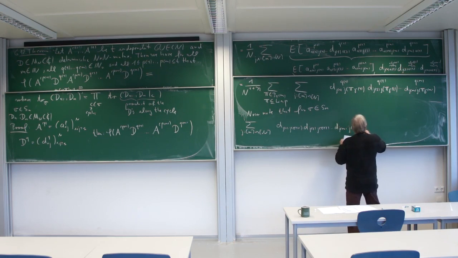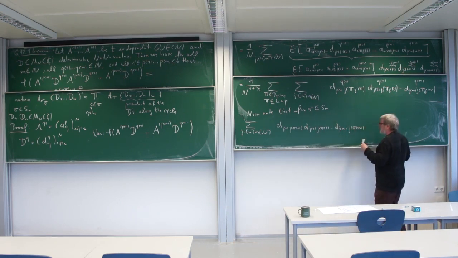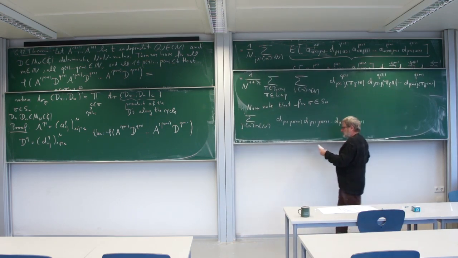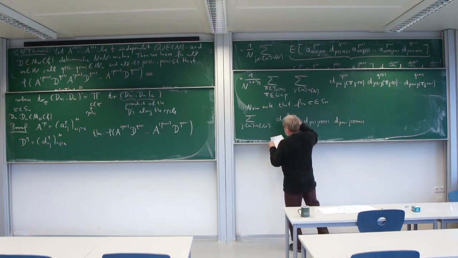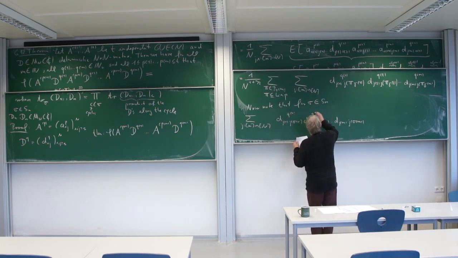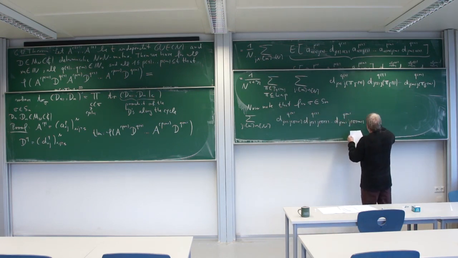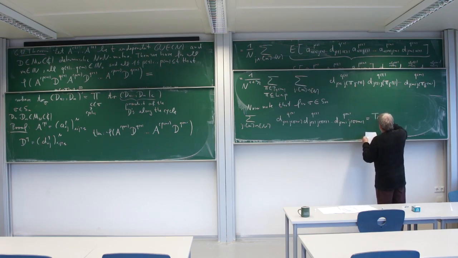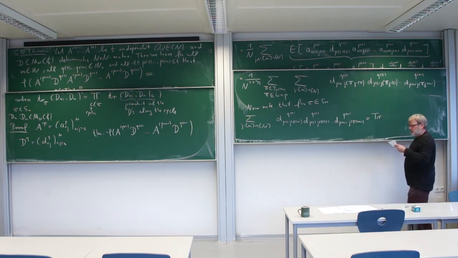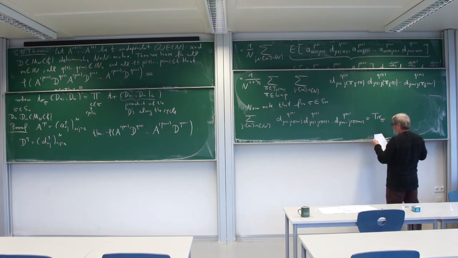So I'm writing down the same as here, just calling pi gamma sigma. And I also have, let's say, Q1, Q2, some other indices here. That this actually is the same as taking the ordinary trace, or the normalized one, but ordinary, along the cycles of sigma of those matrices.